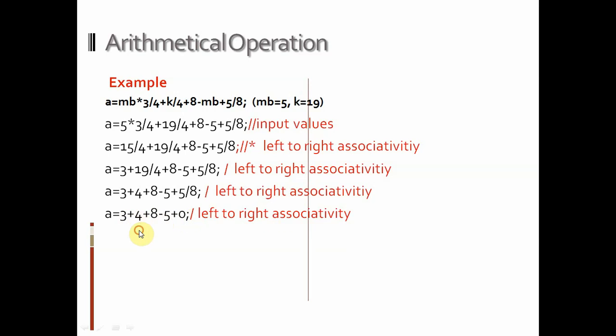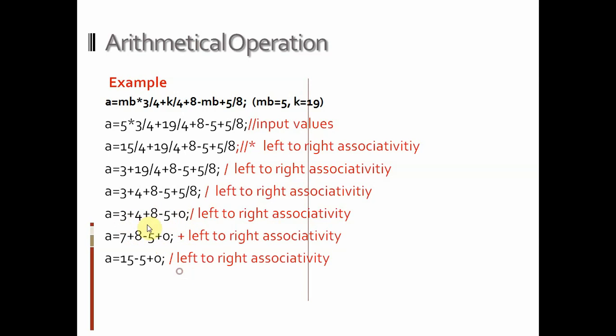So first 5 minus 3 will become 2... then 3 plus 4 becomes 7, and the rest of the part will remain as such. Now 7 and 8 will become 15, and the rest will remain as such. Now it will become 10, and finally we got 10. So like this we can solve arithmetical operators with the help of precedence of operators and associativity of operators.